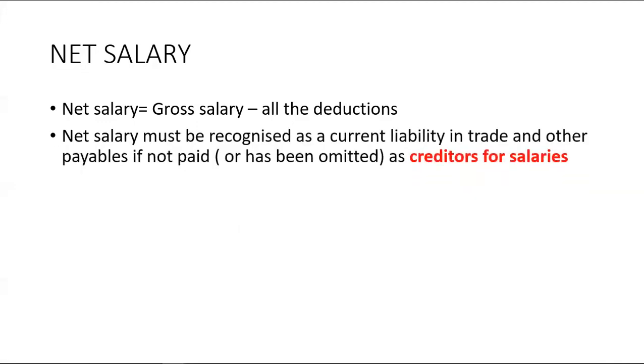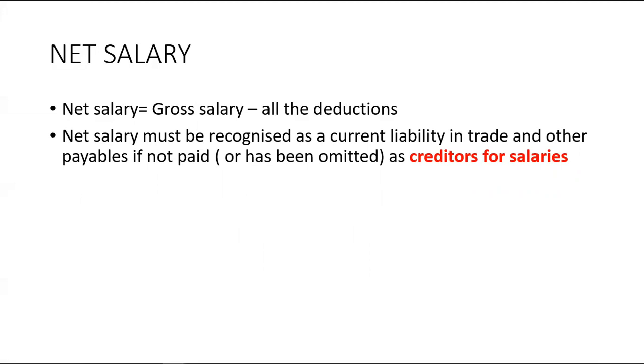As I've said, net salary will be your gross salary minus all the deductions. Net salary must be recognized as a current liability in trade and other payables if it is not paid or if it has been omitted.